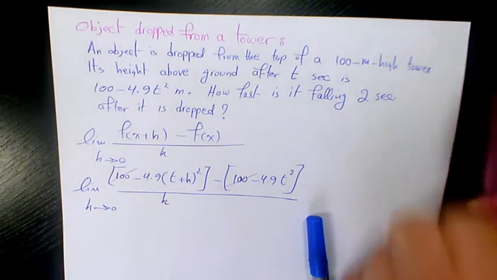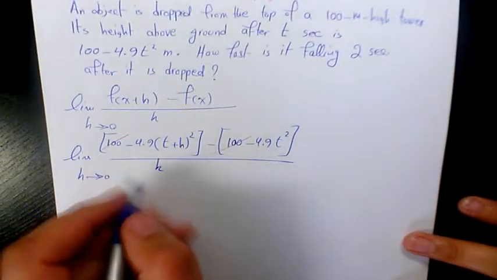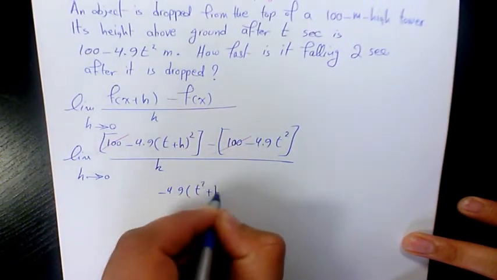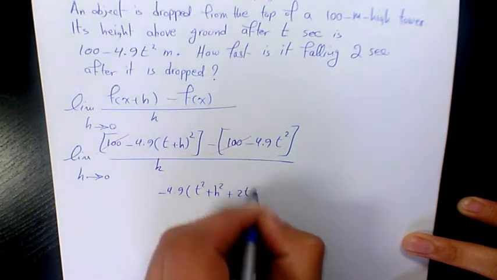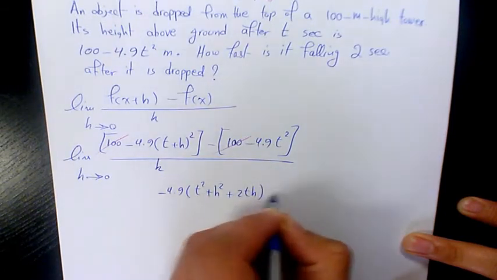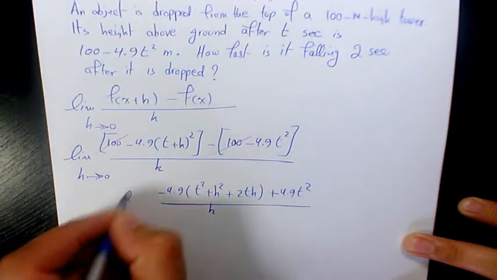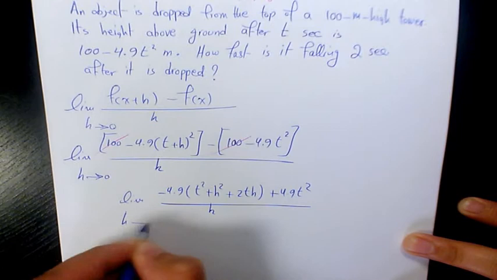This and this cancel out, and that's going to be negative 4.9 (t squared plus h squared plus 2th) plus 4.9 t squared divided by h, limit when h is approaching 0.